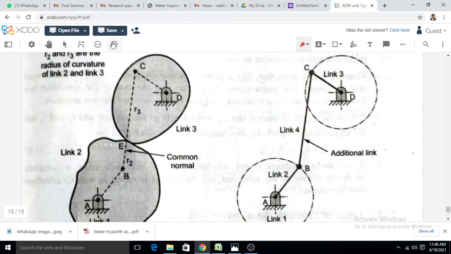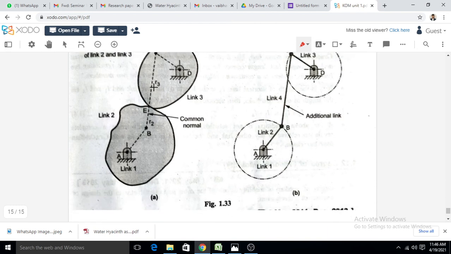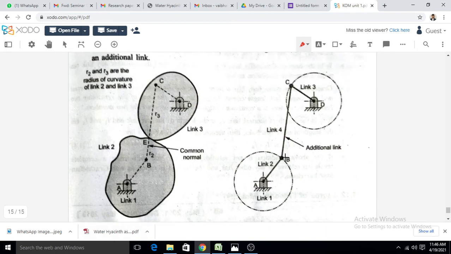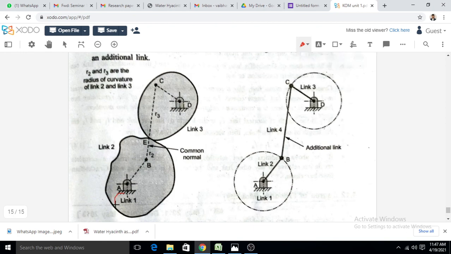this is another example. Here also two images, image A and image B, are present. Here link 1 is a frame which is fixed.